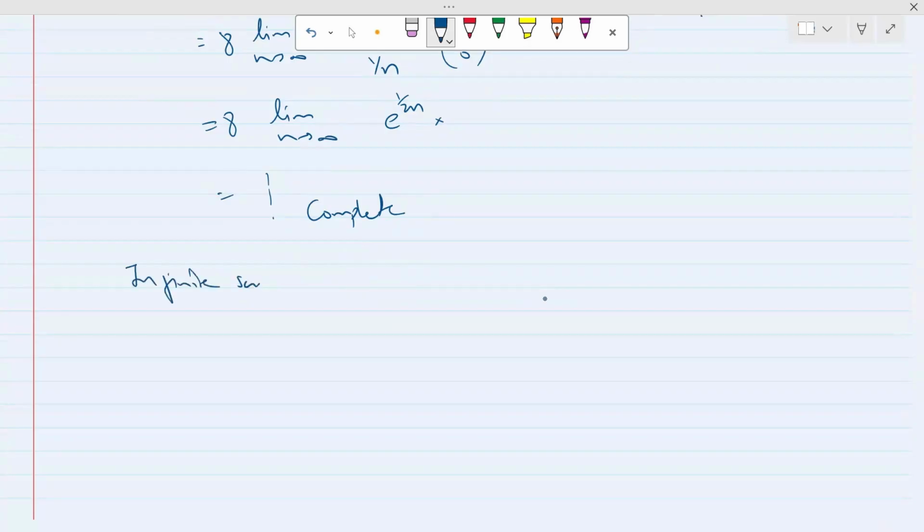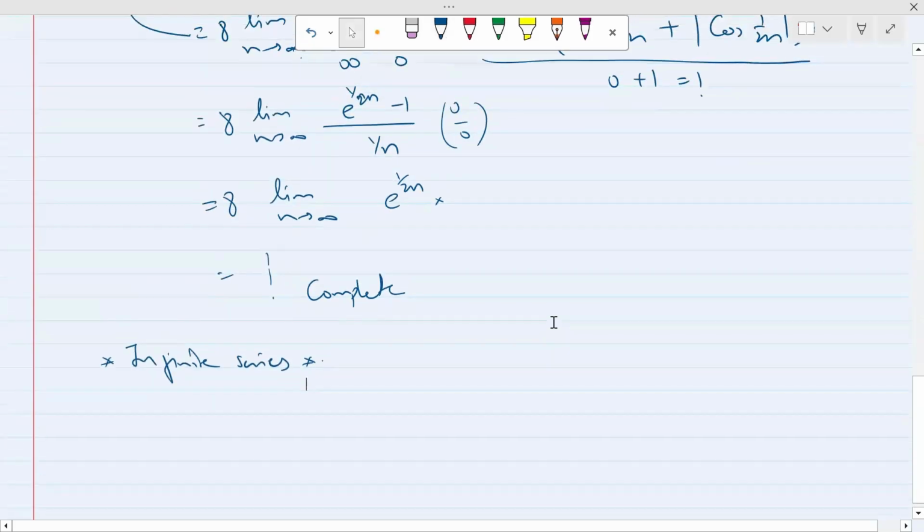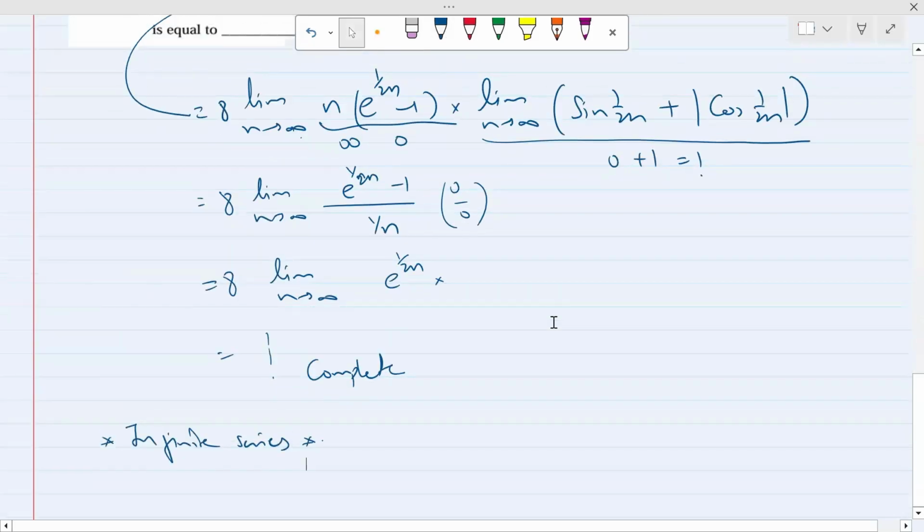Sir, I have a query. In the second last line, instead of applying L'Hopital rule, can we also apply the formula limit x tends to 0 e to the power x minus 1 by x?